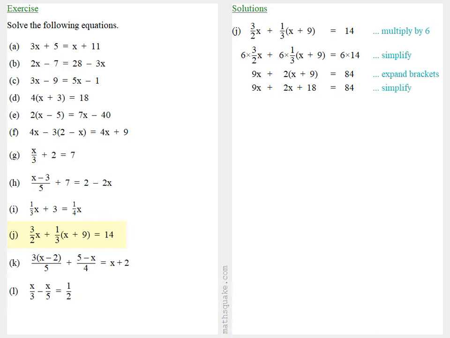Now if we simplify, that gives 11x plus 18 equals 84. If we subtract 18 from both sides, we have 11x equals 66, and we can divide by 11 to get x equals 6. So our answer is x equals 6.